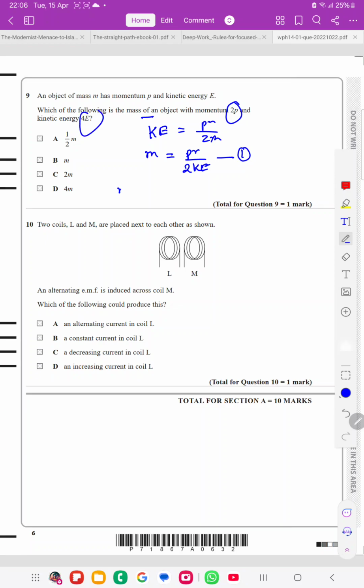So we can consider m prime is equal to (2p) squared divided by 2 into 4E.